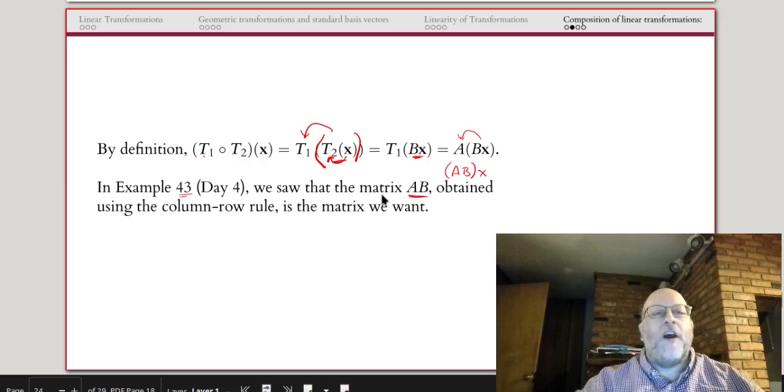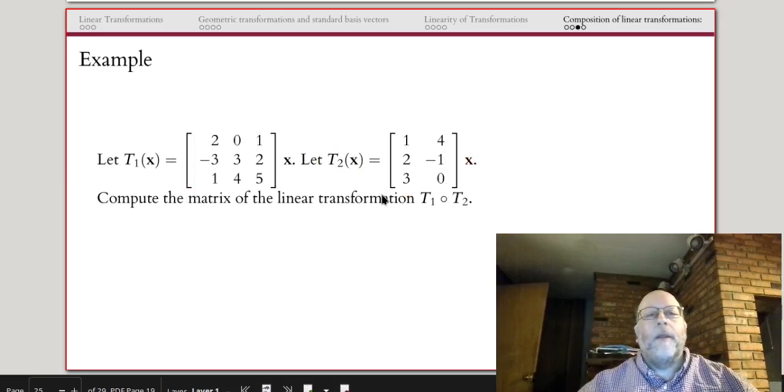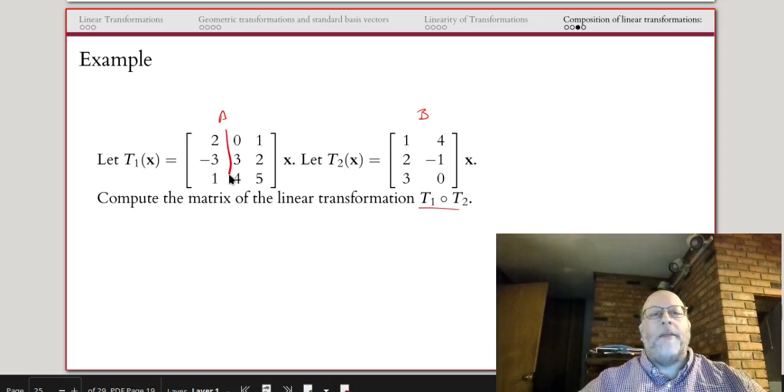So let's give this a try. Here's a transformation T1. This is a matrix A, and T2, and here's the matrix B. We want to compute the matrix for the linear transformation T1, T2. And so what we will do is we will apply the column row rule here.